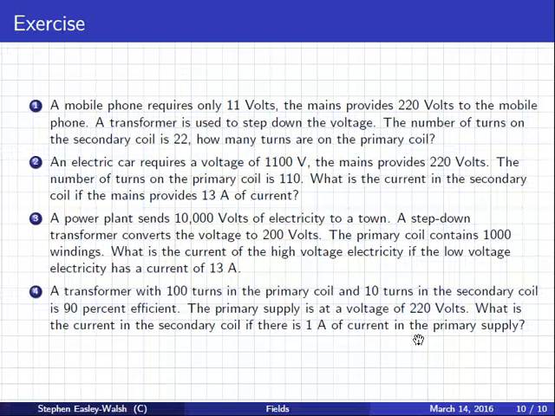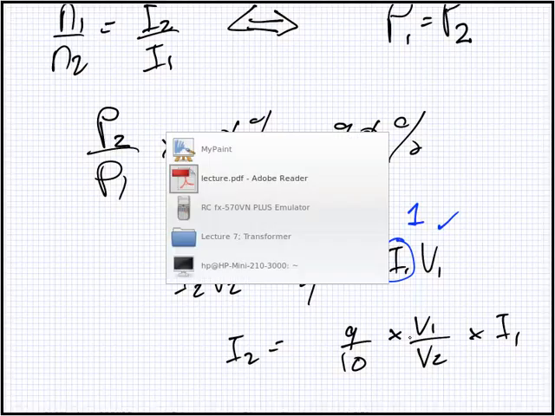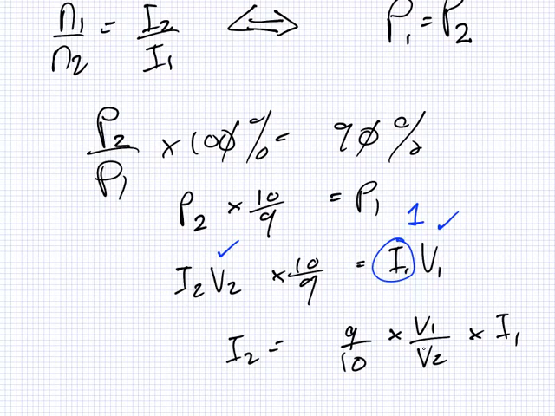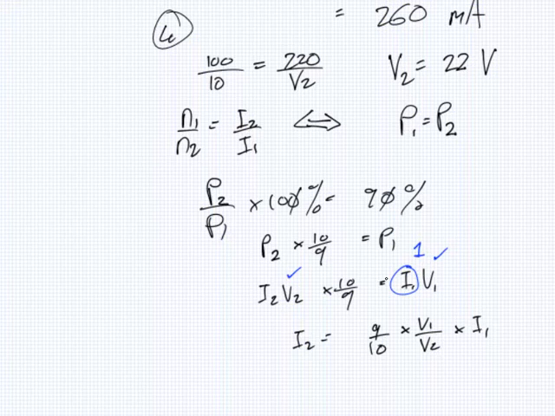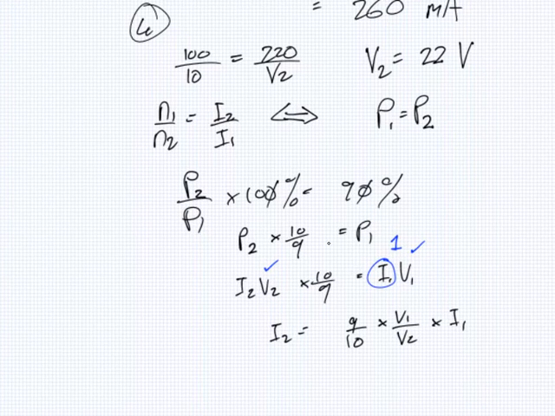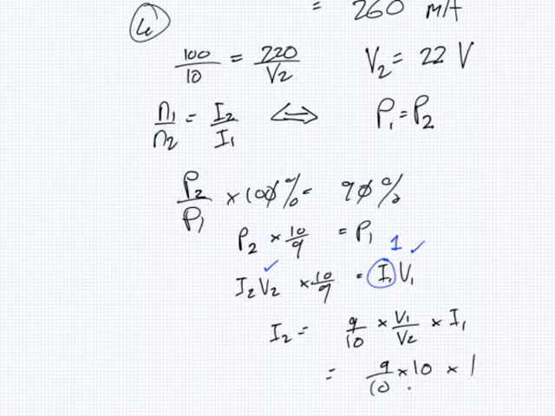What's V1 over V2? Yeah, that's 10. It's 10 because it's 22 over 200. So is that 9 over 10 times 10 times 1? 9. Yeah, 9 amps then.